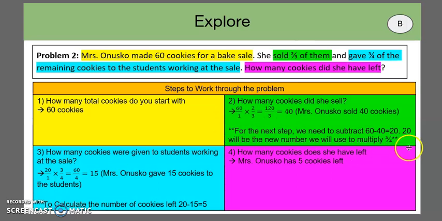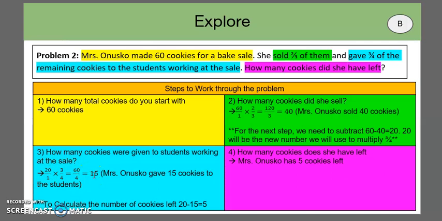Here's an explanation for how we can get to that step. After that, the next part is she gave 3/4 of the remaining cookies to the students working at the sale. Here, we notice that there are 20 cookies left, and 3/4 times the 20 gives us 15 cookies.